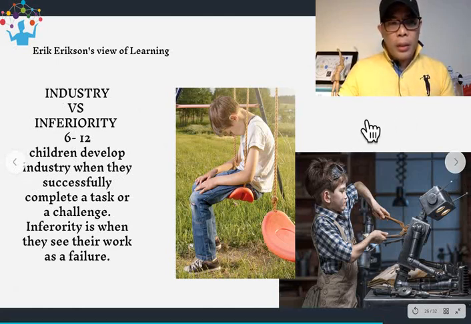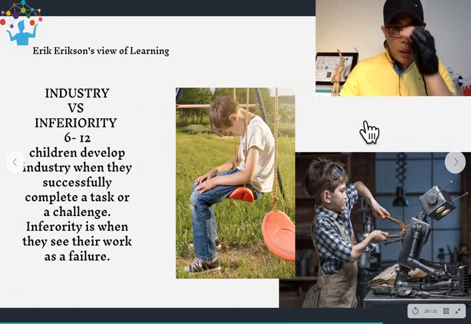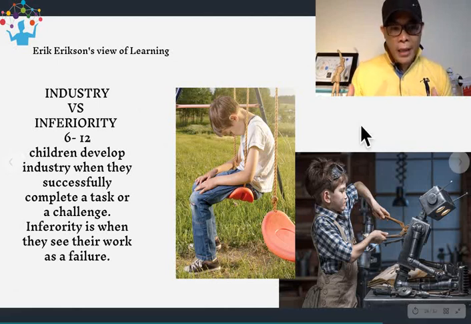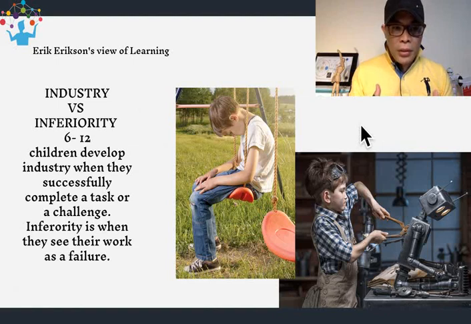And the last one is industry versus inferiority. Here, children develop industry when they successfully complete a task or a challenge. Inferiority is when they see their work as a failure.